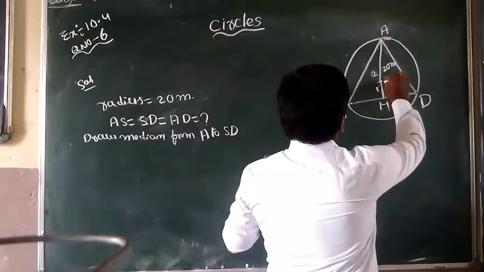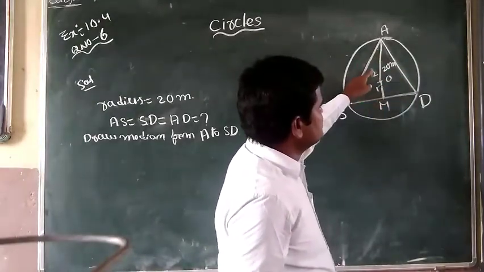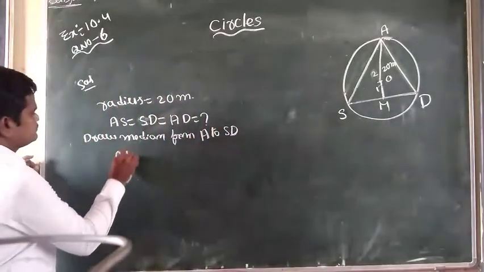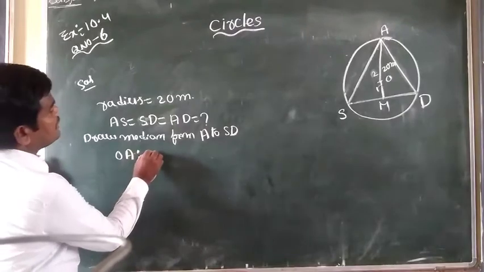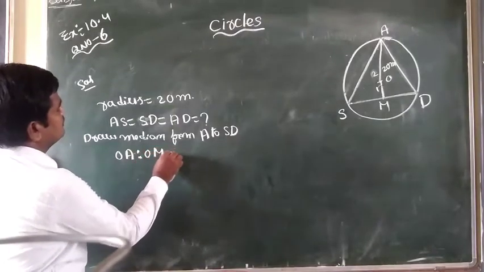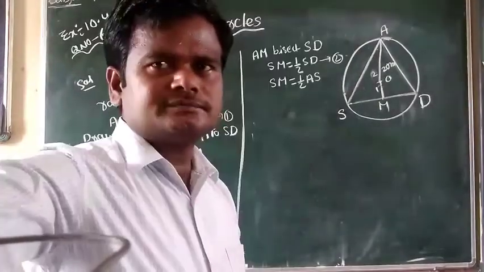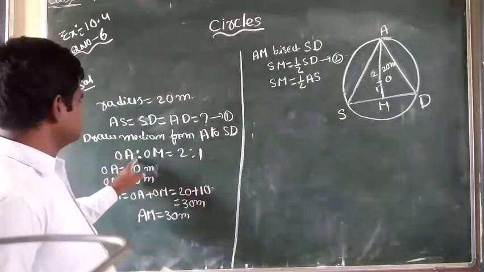The median divides the perpendicular in a 2:1 ratio.